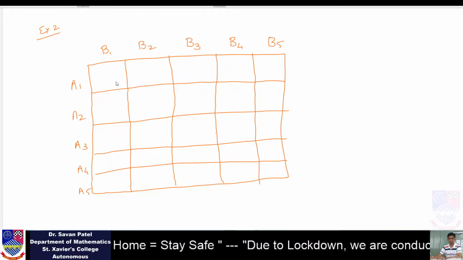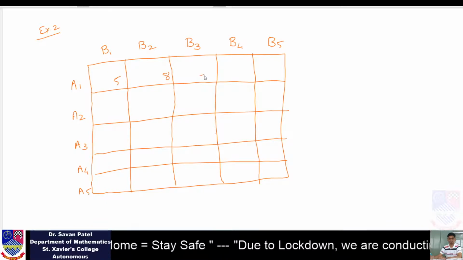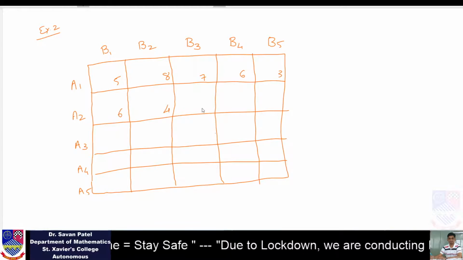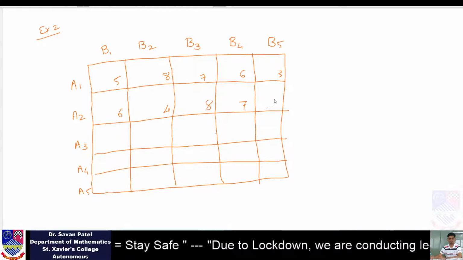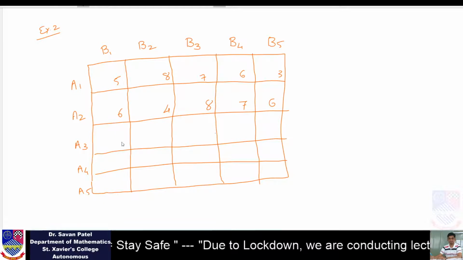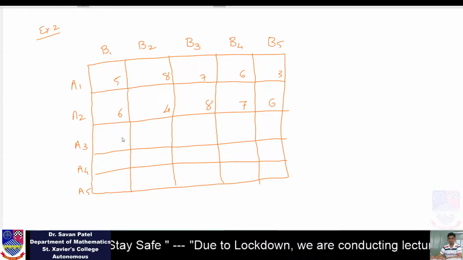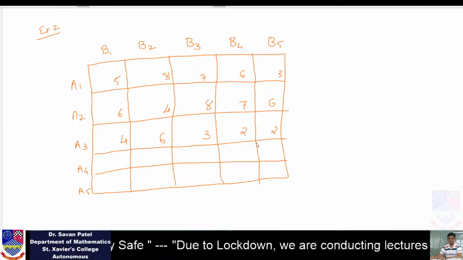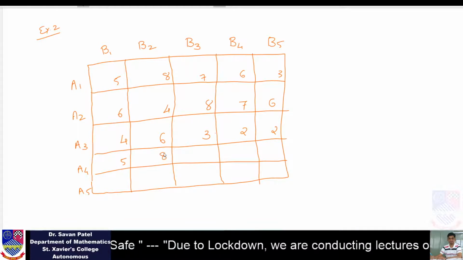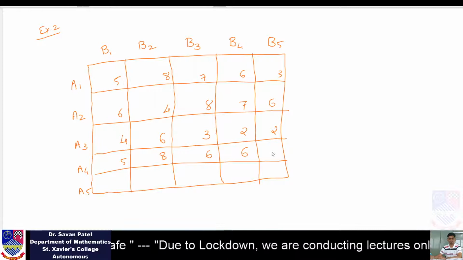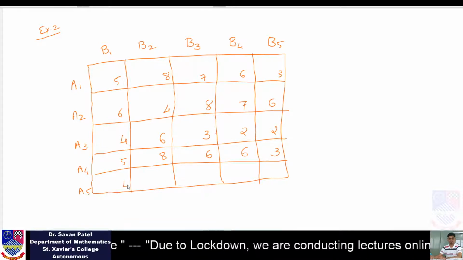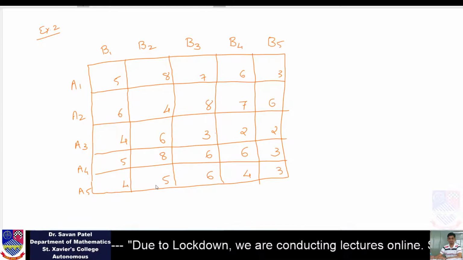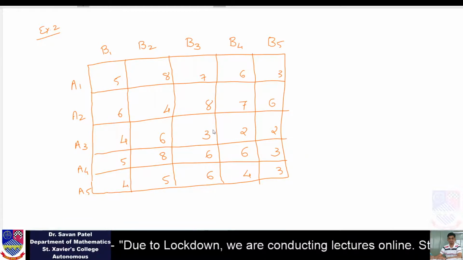So the cost table is 5, 8, 7, 6, 3, 6, 4, 8, 7, 6. It may be in lakhs or anything; we are writing it as a unit. So 4, 6, 3, 2, 2, 5, 8, 6, 6, 3, 4, 5, 6, 4, 3. This is our transportation cost table.